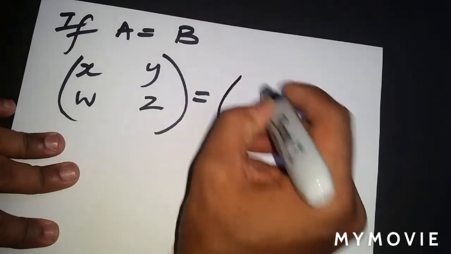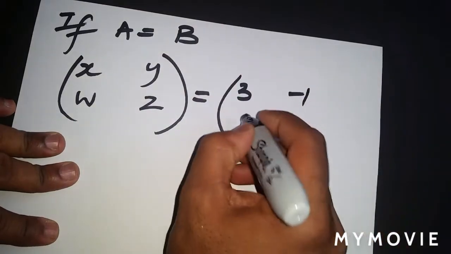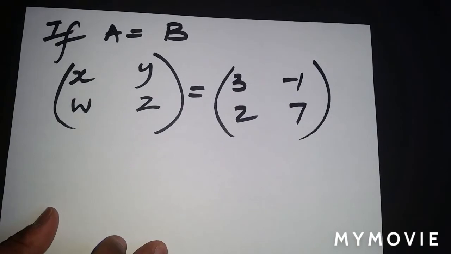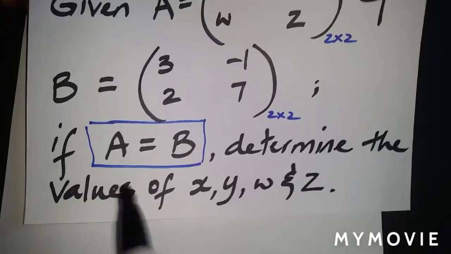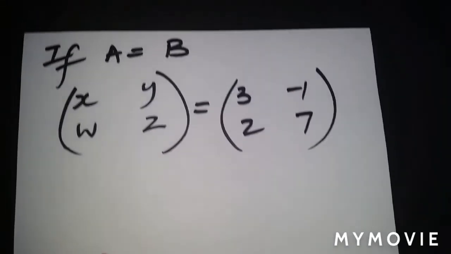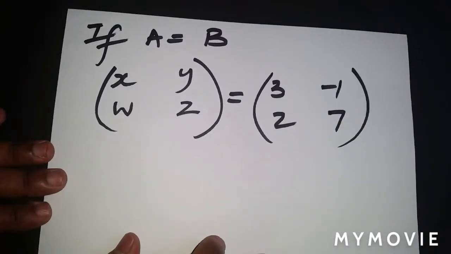So we have 3, minus 1, 2, and 7. The two matrices are equal, right? Remember, if A equals B, determine the values of X, Y, W, and Z. So I've made A equal to B here.